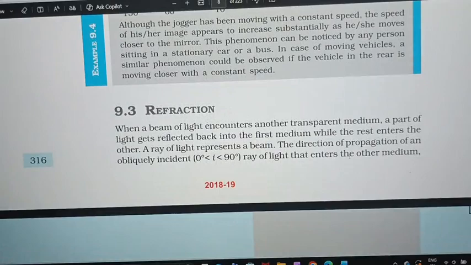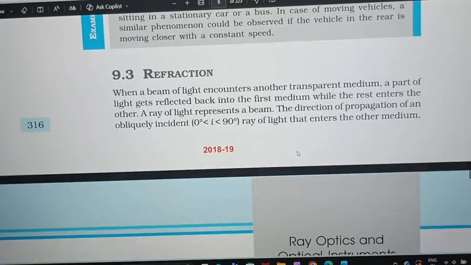Now let's start the new topic, that is refraction. What is refraction? Whenever light encounters some other transparent medium, generally a part of it will get reflected back and a part of it will move to the next medium. Whenever that is happening, the direction of the light will change and the speed will change.